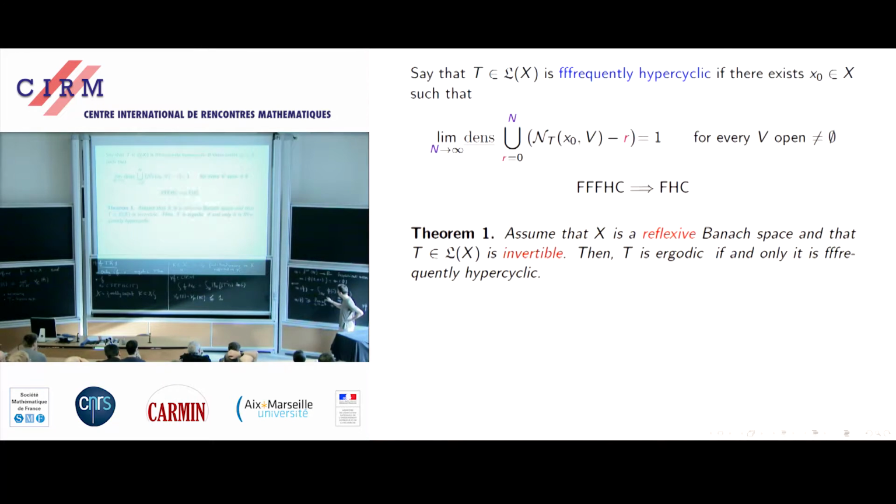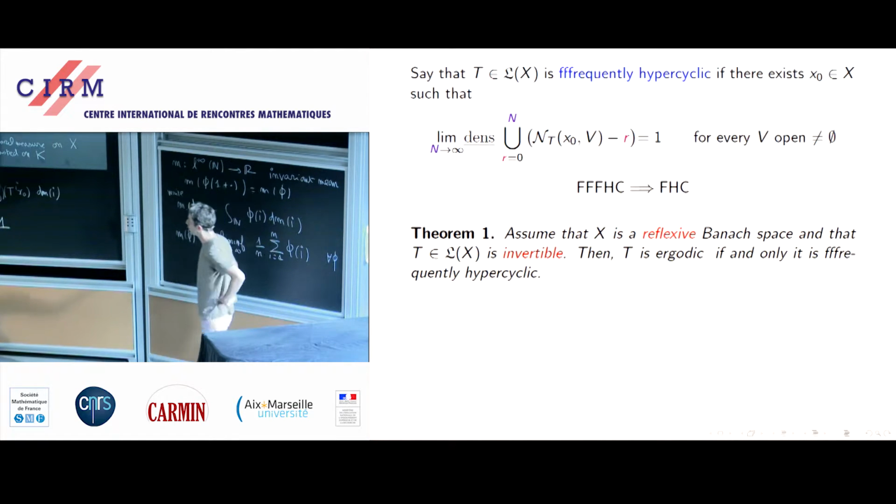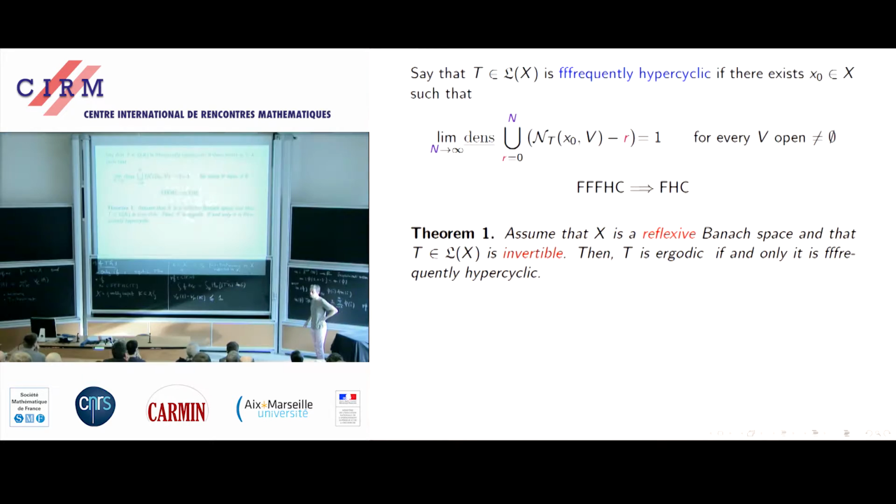So if I had put Z here, it would have been more or less obvious that this is indeed a measure, and that it is T-invariant. Here, in fact, I put N because for this part of the proof, it is not necessary for T to be invertible. So this is the point. So I put N really, but still, this is an invariant measure.